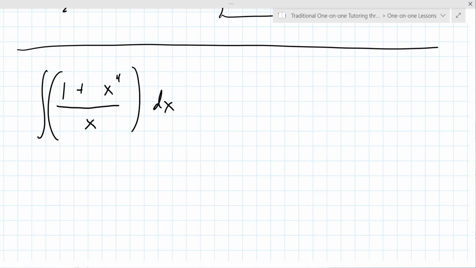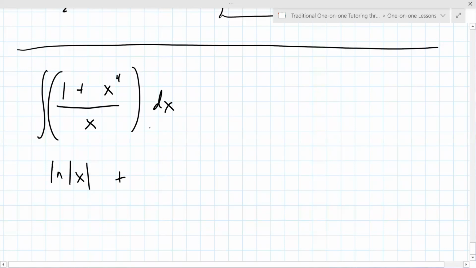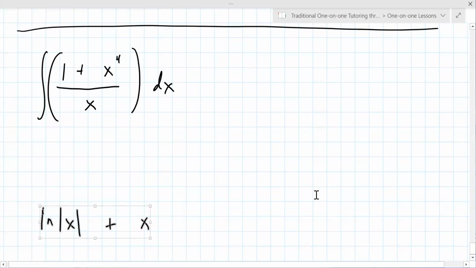Okay, so natural log of the absolute value of x plus c, plus x to the 5 over 5. What did you rewrite this as? That's where we got to start. So there's a rewrite step.